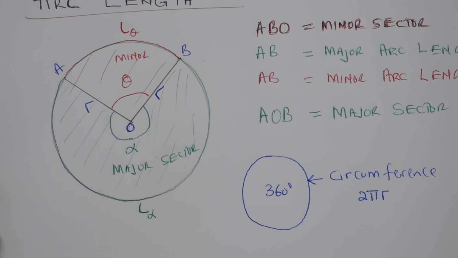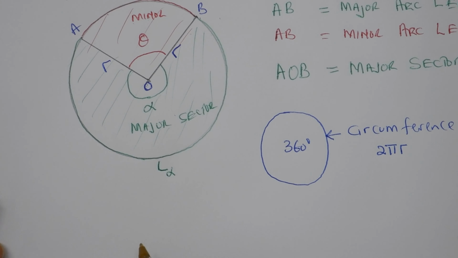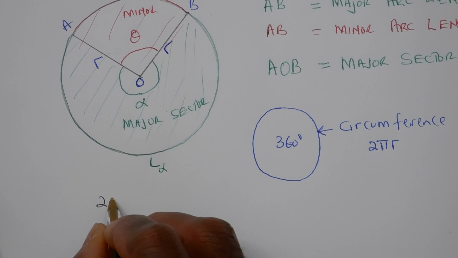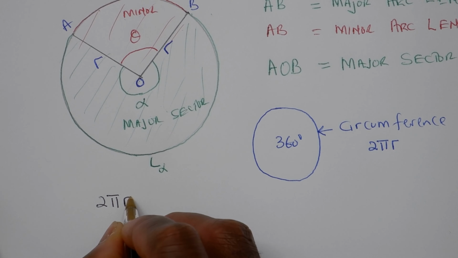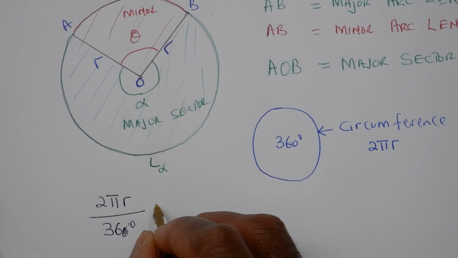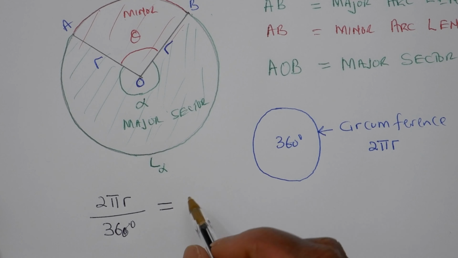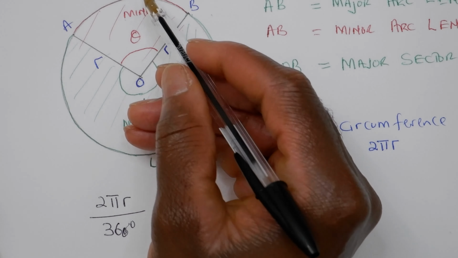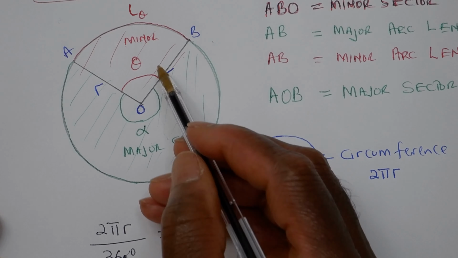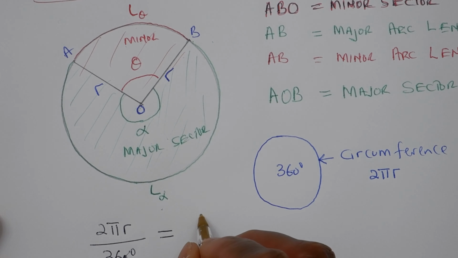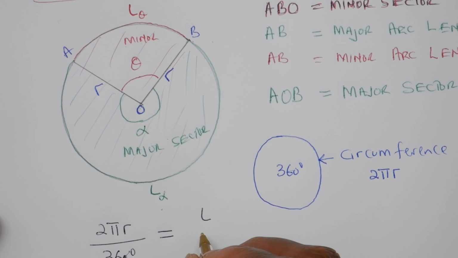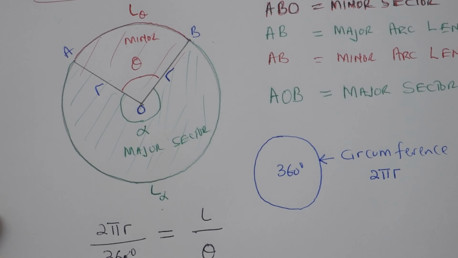So the circumference, which is 2 pi r, divided by 360 degrees, will be equal to the arc length L of the smaller angle, divided by that angle theta.